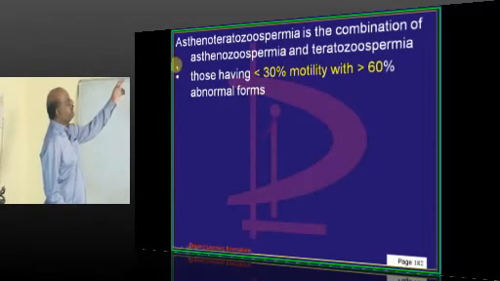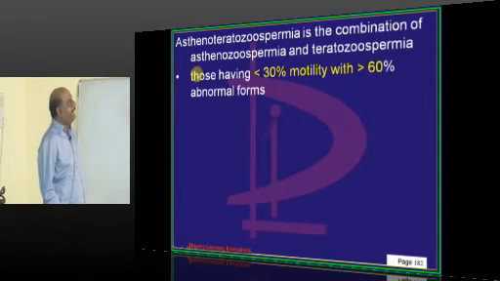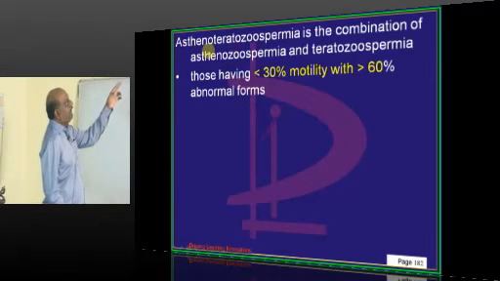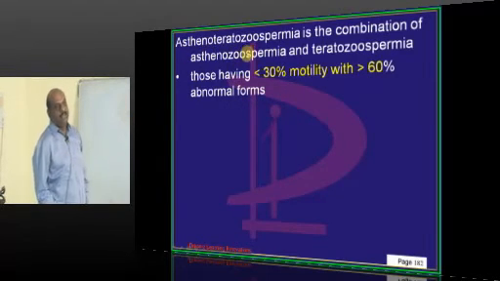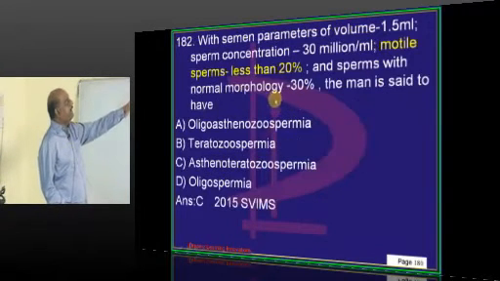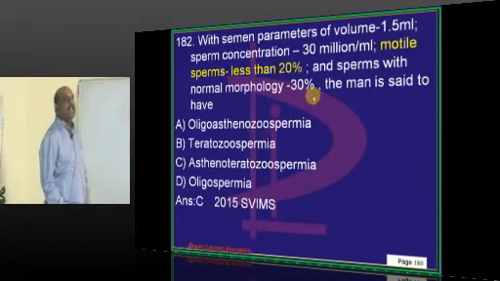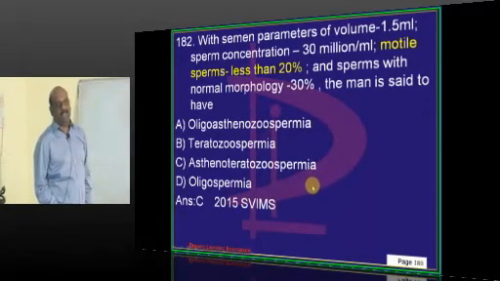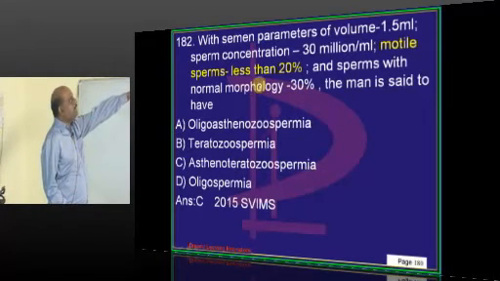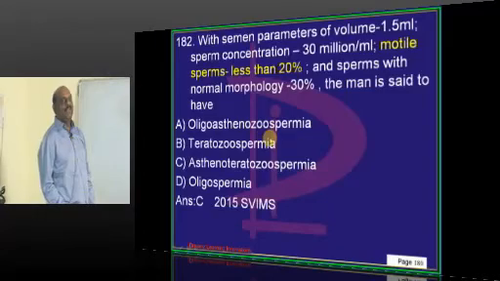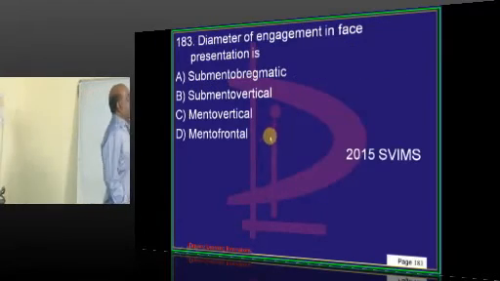If motility is less than 30%, we call it asthenia, and if more than 60% are abnormal forms, you call it teratozoospermia. Both are present in this patient. Why? His normal sperm morphology is 30%, meaning abnormal is 70%, which is more than 60%. Hence he comes under teratospermia. Astheno because motile sperms are less than 20%, 80% are non-motile and useless. So that's what you need to basically remember.